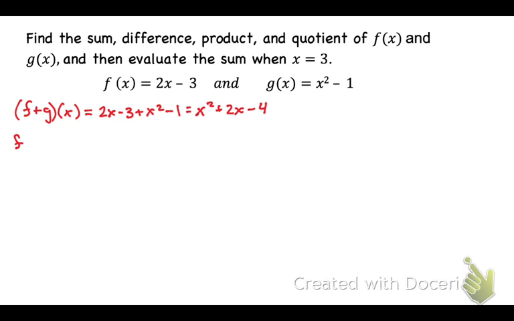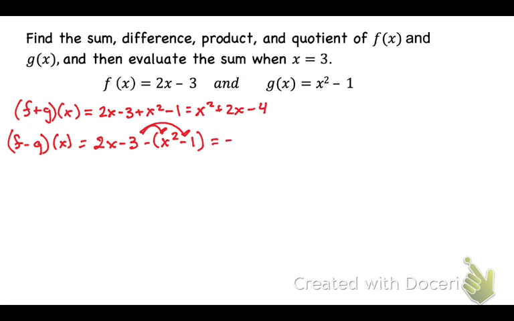Okay, so f minus g. I didn't put parentheses when I added because no signs change, but when I subtract, our sign's going to change. You need to make sure you have parentheses around what you are subtracting, because what do you need to do with your negative? Distribute it.